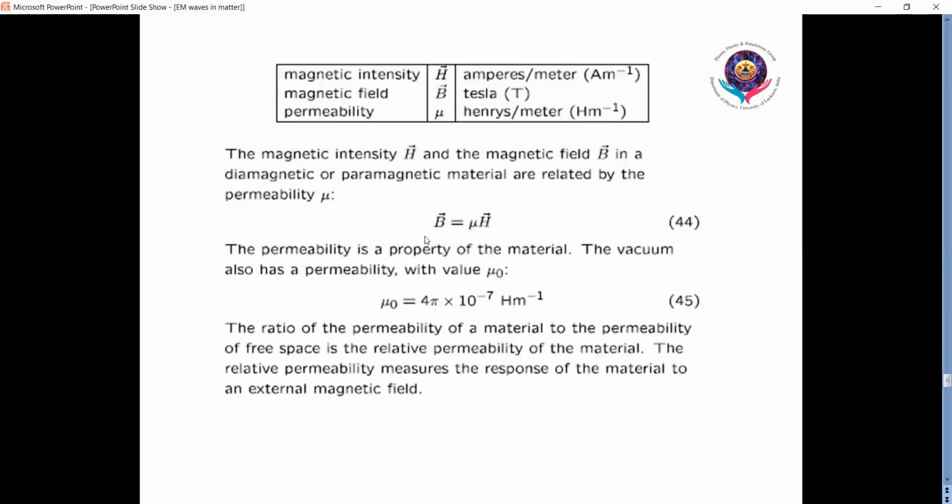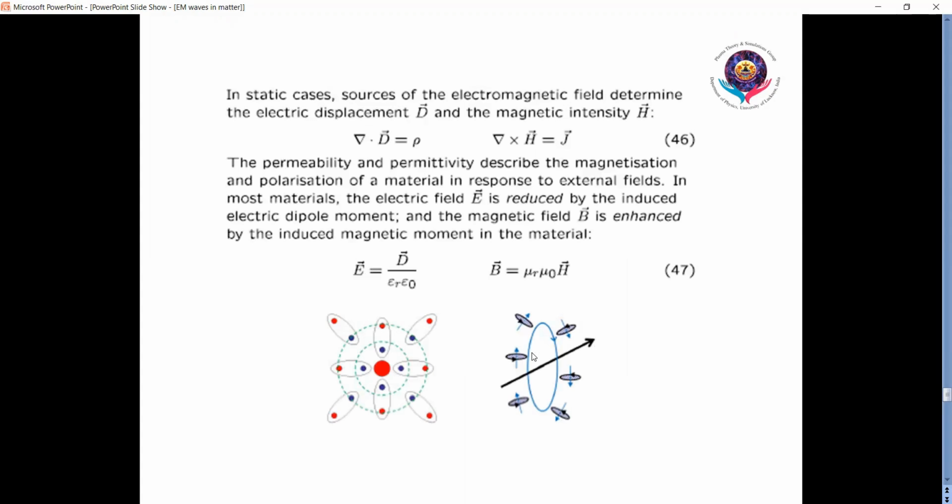The magnetic field is related to the magnetic intensity through this expression, where the constant mu is the permeability, and the permeability of free space has a value of 4 pi into 10 to the power minus 7. These are the expressions for the electric and magnetic fields in terms of the electric displacement and the magnetic intensity.